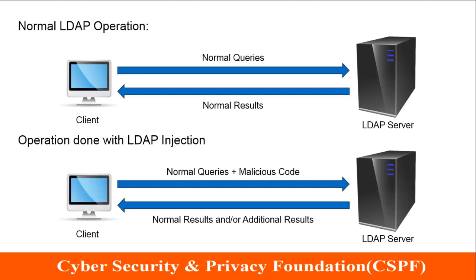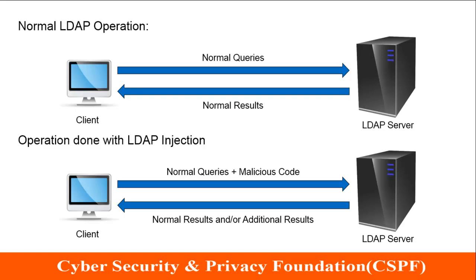So now let's look pictorially at the LDAP injection. In the first part of the picture, we could see a normal LDAP operation that is being carried out. From the client to the LDAP server, we see a normal query that is going, and in return the client receives a normal result.